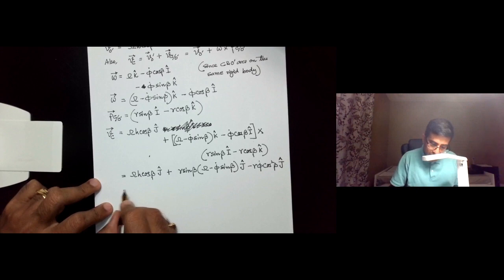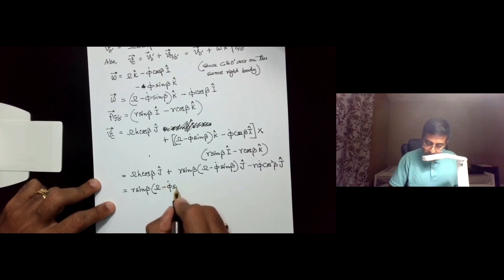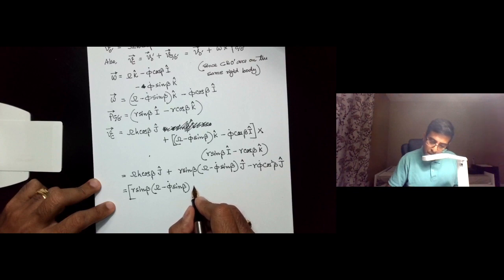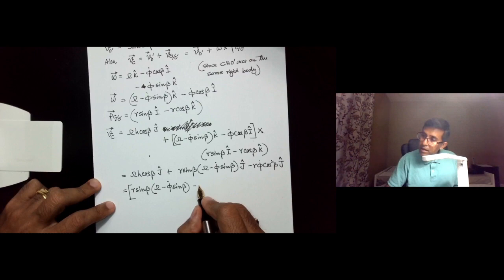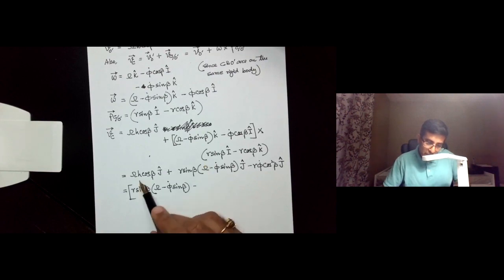So I will have r sine beta times omega minus phi dot sine beta, and then I will have minus, just give me a second, let me just see h.